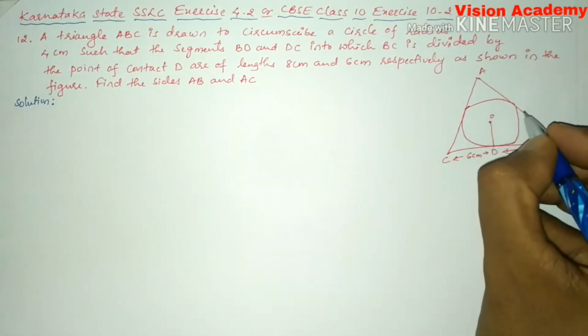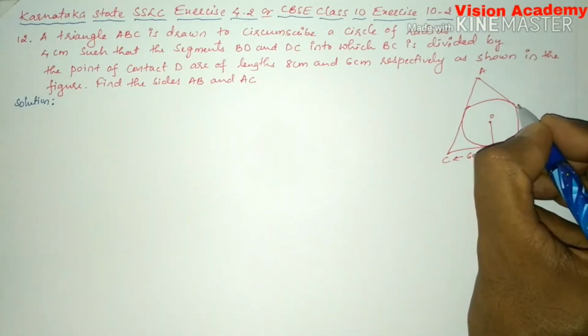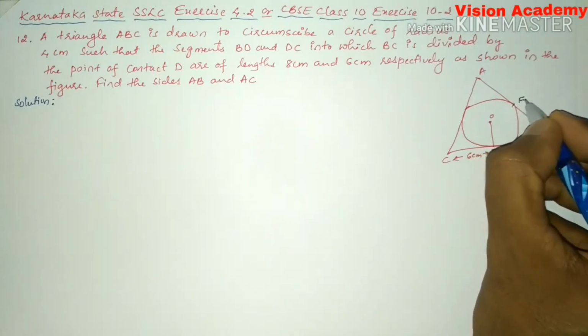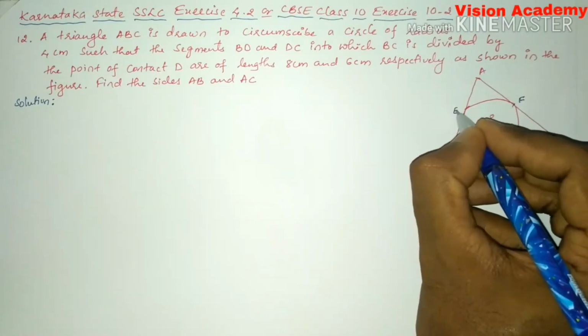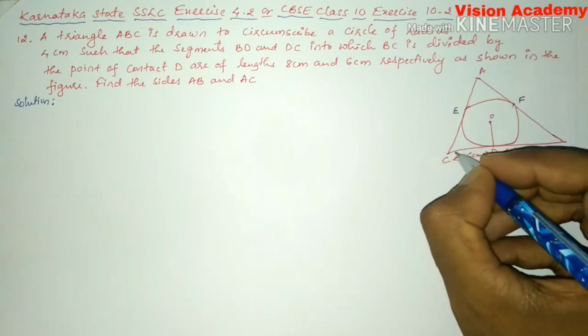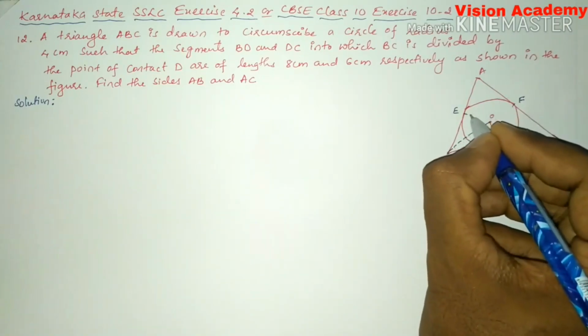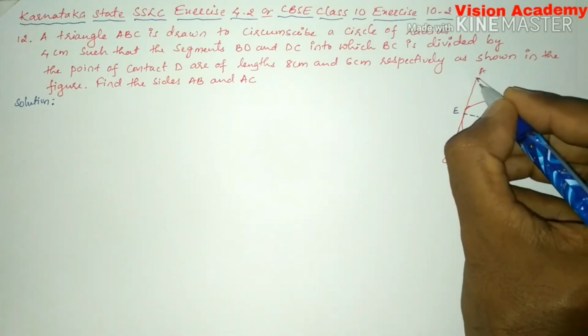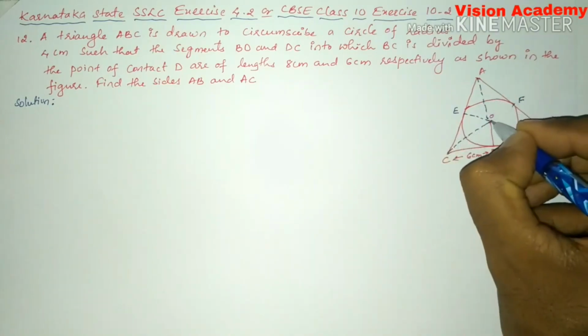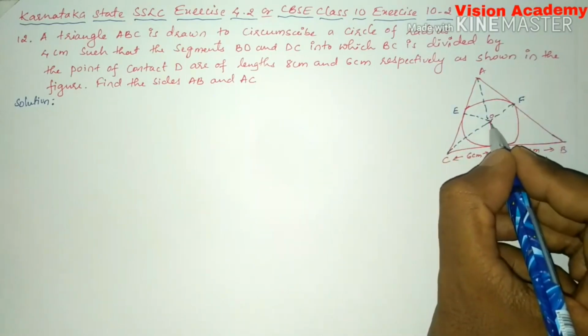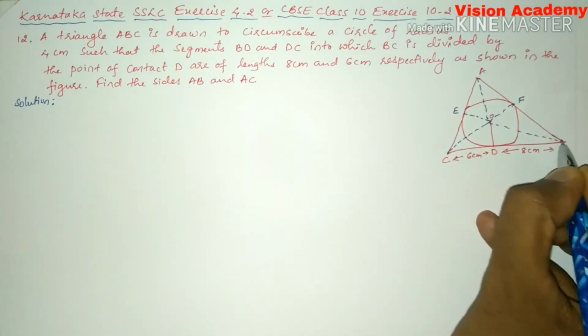Here let us name the point of contact this as F and this point of contact as E and join CO, EO, AO, OF and OB.